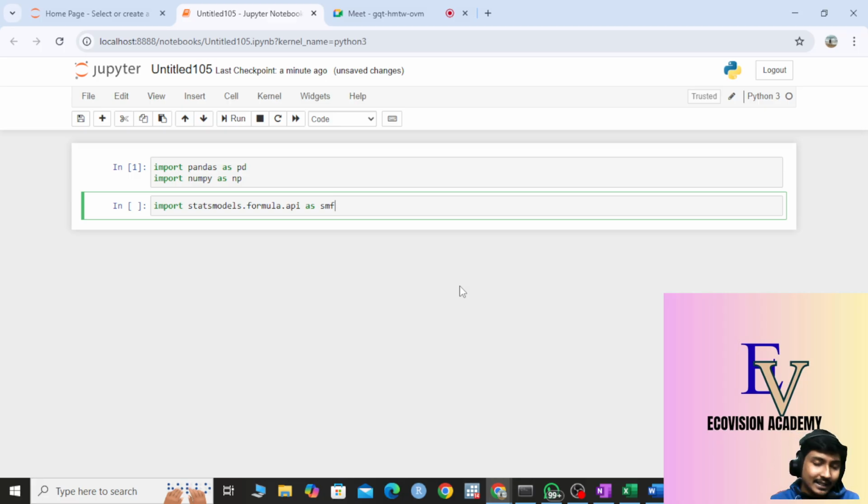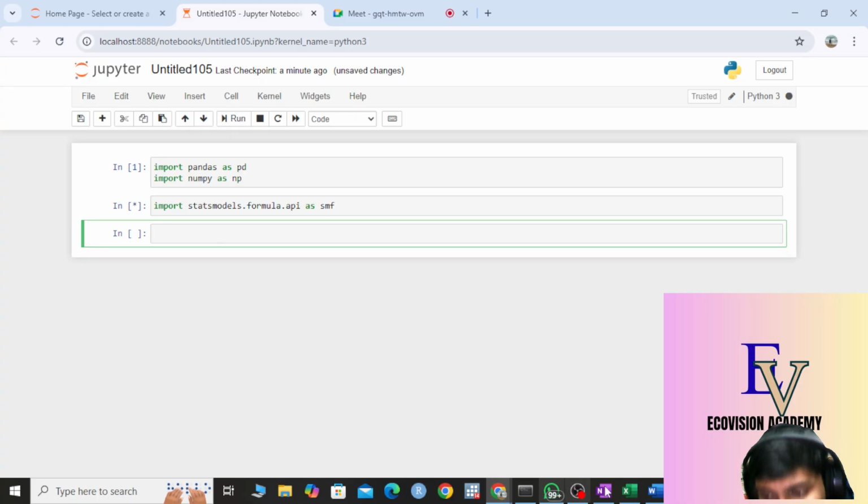There are some differences, but for running a regression both libraries will work well. We import statsmodels.formula.api as smf.